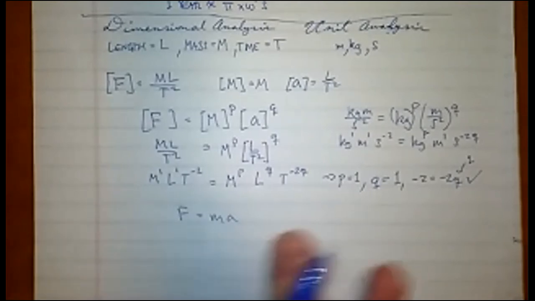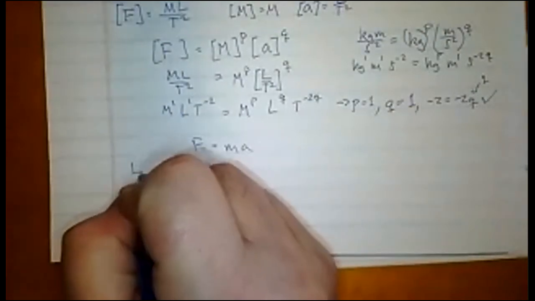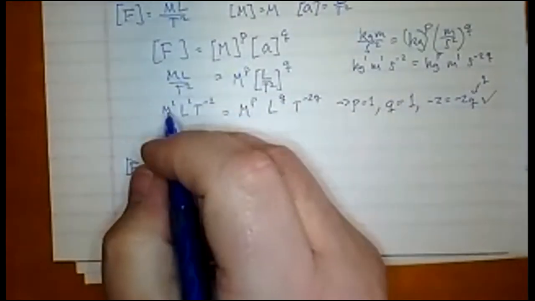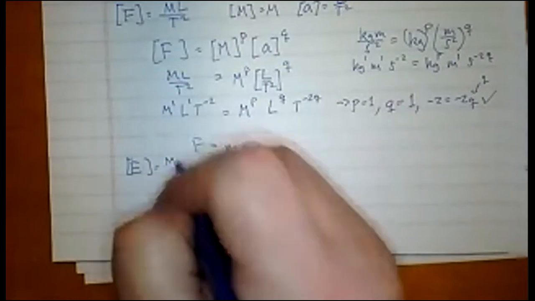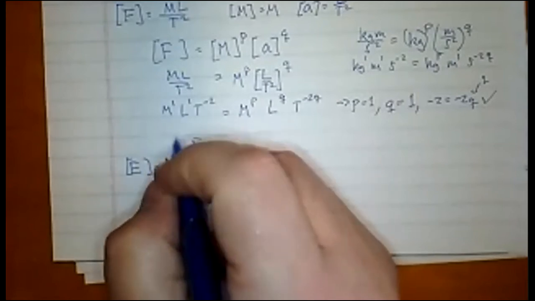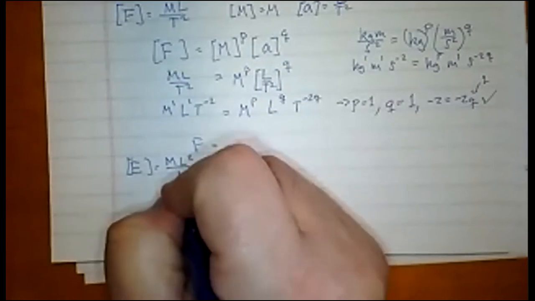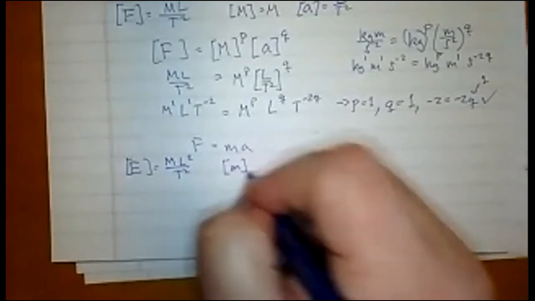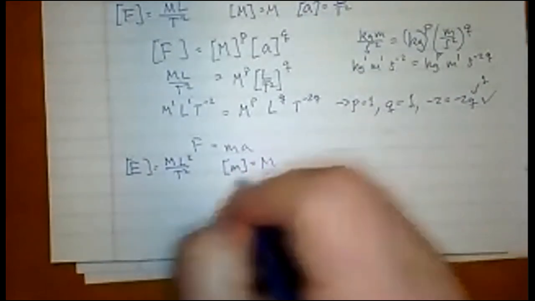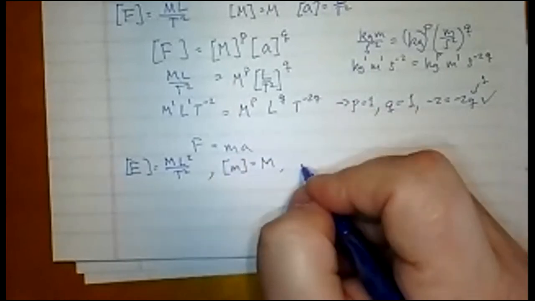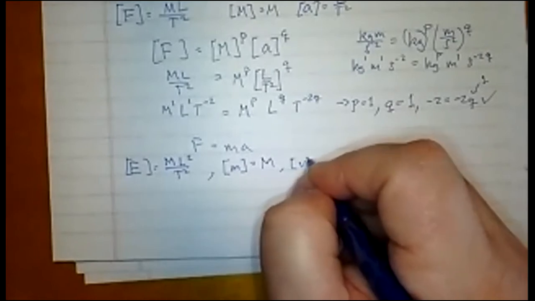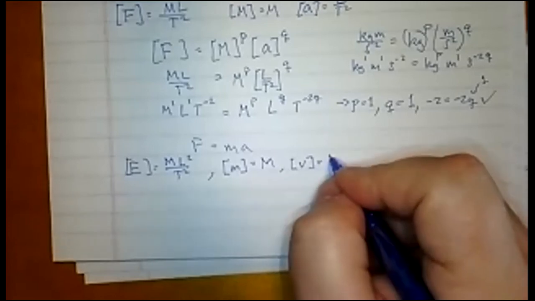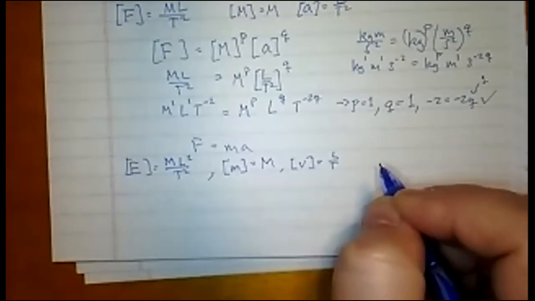Okay. Well, here's another neat thing you might be able to guess. If I tell you the energy E has dimensions of, let's say, mass length squared over t squared, and I tell you that mass is what energy is going to depend on, so that has the dimension of M, and let's say velocity is something else I think the energy will depend on, then I know that velocity is L over t, length over time.